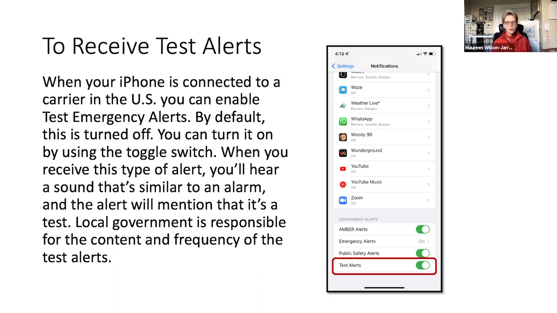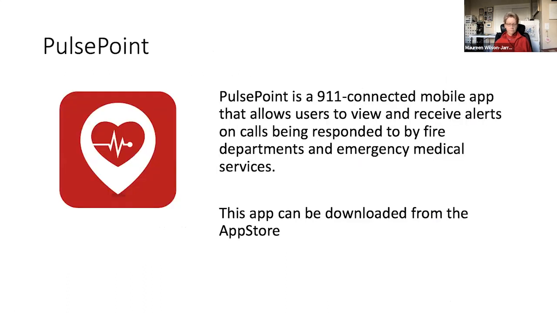When we taught this course in May, there was a whole rigmarole about how you could get test alerts onto your iPhone. It meant going and filling out something online and then coming back to your phone to check it was there. And now they just put it on automatically, and it's a toggle so that you can turn on or off test alerts just to see if you actually want to have them on.